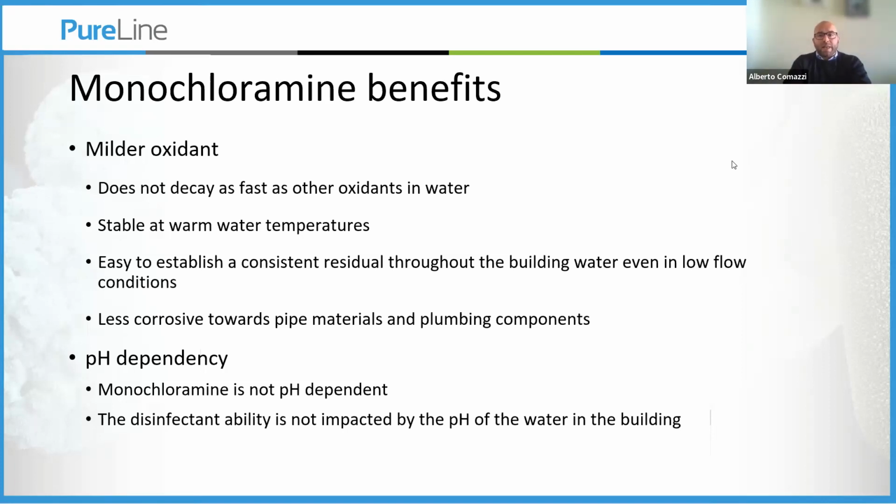So it's usually less corrosive towards plumbing components compared to other choices. Monochloramine is not an acid dissolved in water, so it's not pH dependent. And because of that, it doesn't matter what the pH level of the water in the building is. The monochloramine effect on pathogens is not going to be influenced by the pH of the water.